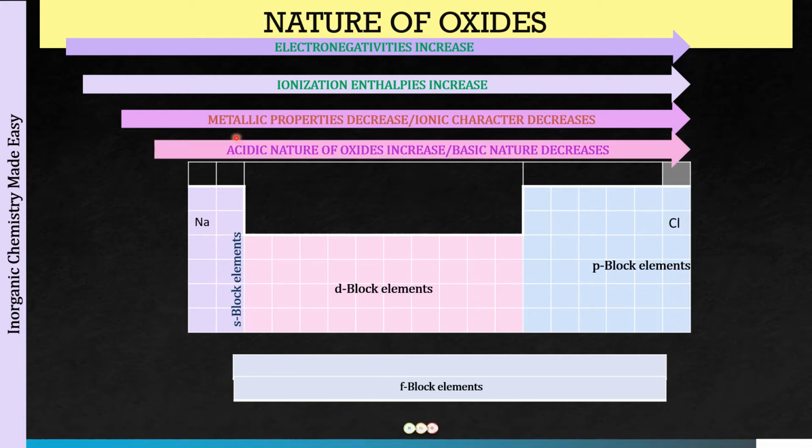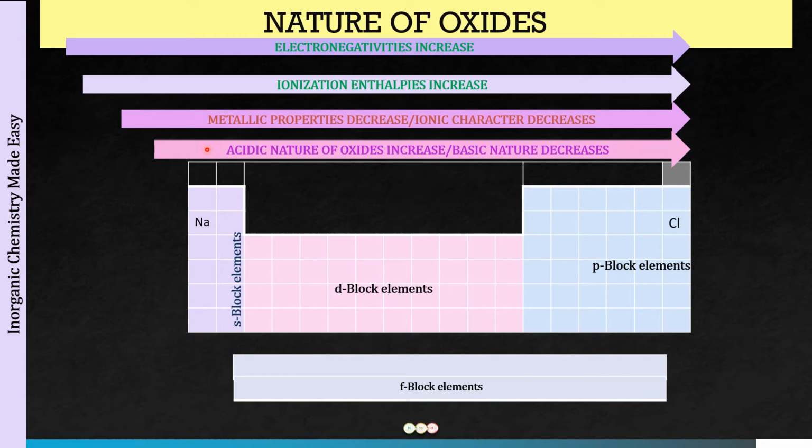So this we can also infer as that the acidic character of the oxide is going to increase from left to right, and the basic character is going to decrease as we move from left to right. Clear? So in a period, now I think this is clear. So sodium oxide is going to be basic. As we move in a period, we are moving towards more acidic oxides and less basic oxides.